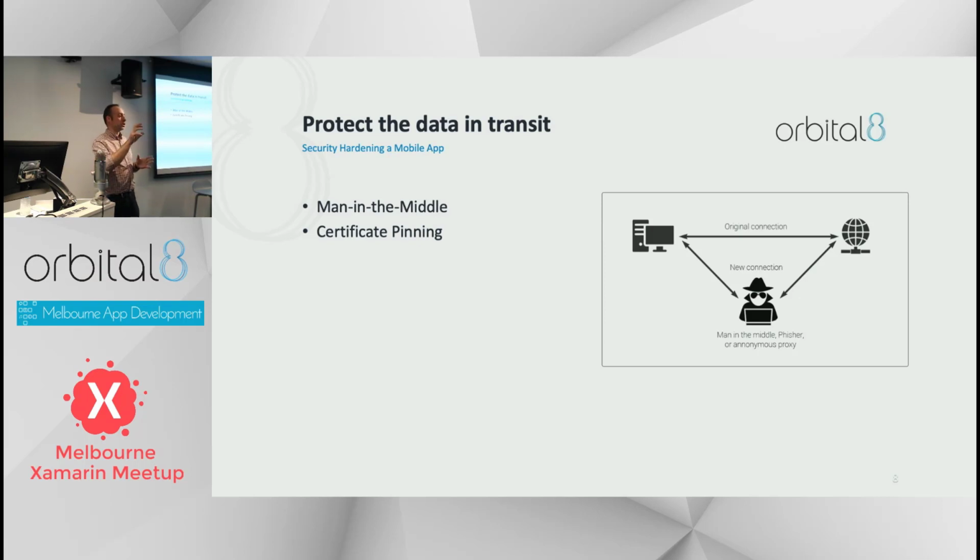We know which servers we want to talk to. So you can get the public key, or the whole public certificate, or just the fingerprint of that certificate, and you can embed that into your app and say this app will only talk with that certificate, or servers presenting that certificate, I should say.